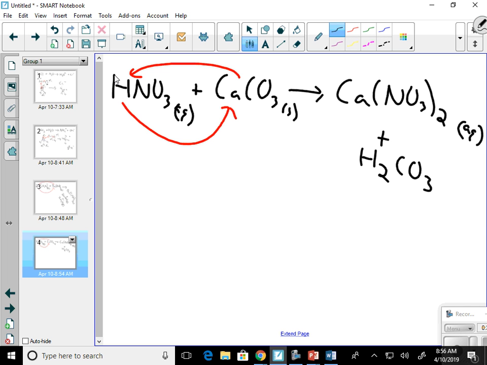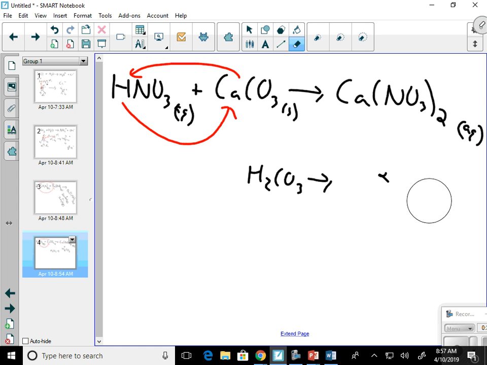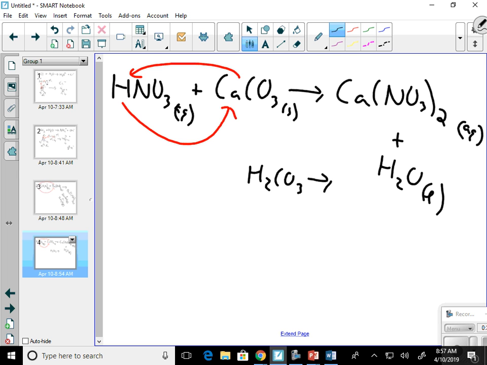Water. That water is in here. H2, and there's at least one O in here. So this H2CO3 actually is going to break down, and it makes water, which is a pure liquid. And if you take the H2O out of H2CO3, you're left with one other compound, CO2.